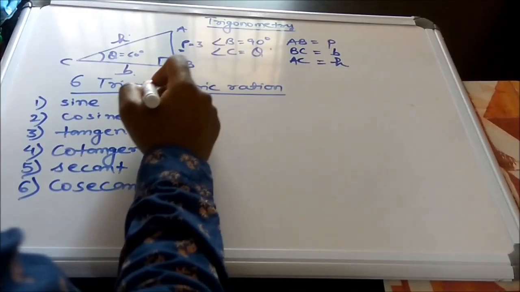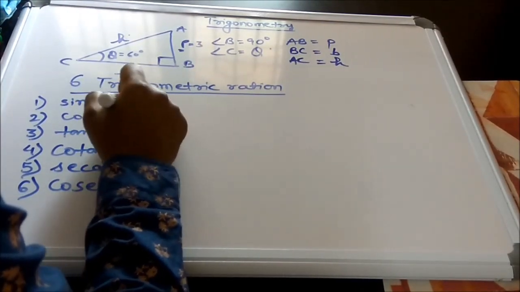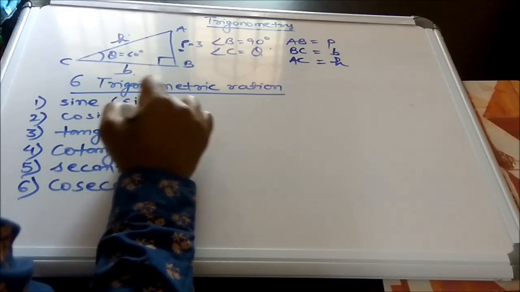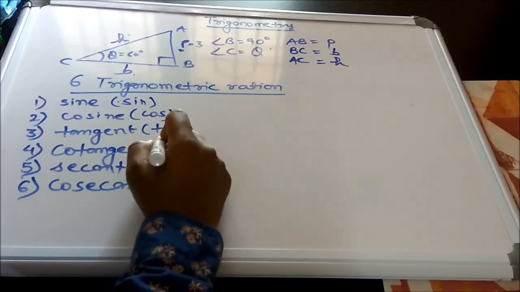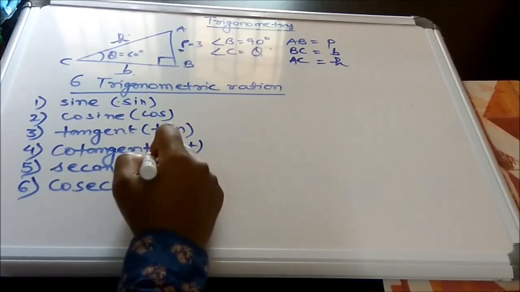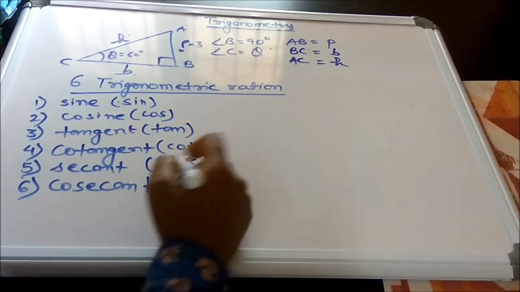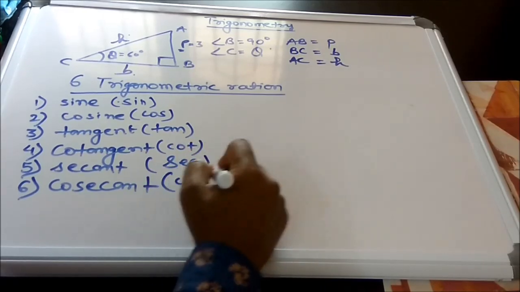In short, they are also known as sin, cos, tan, cot, sec, cosec.